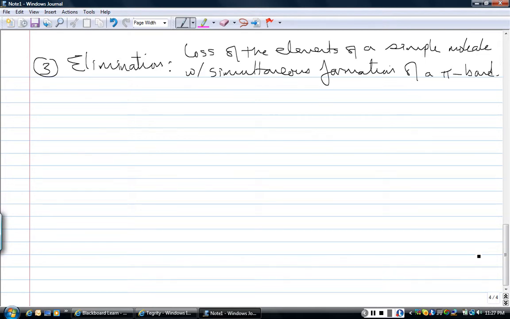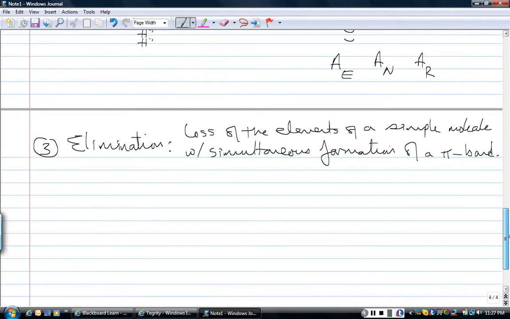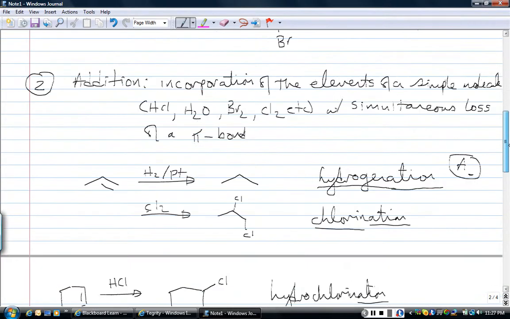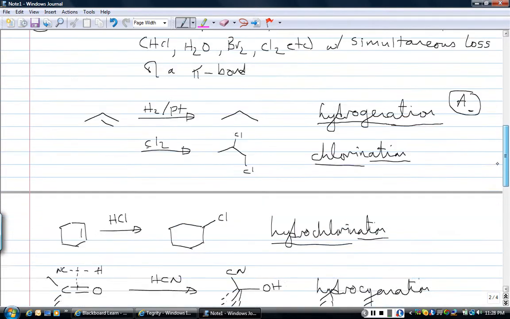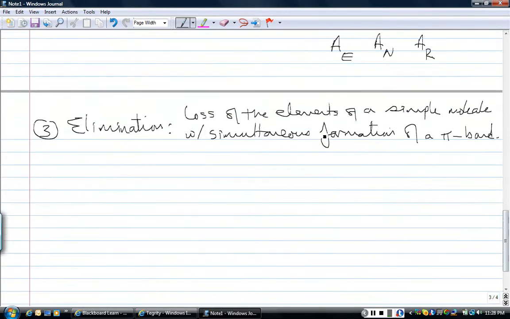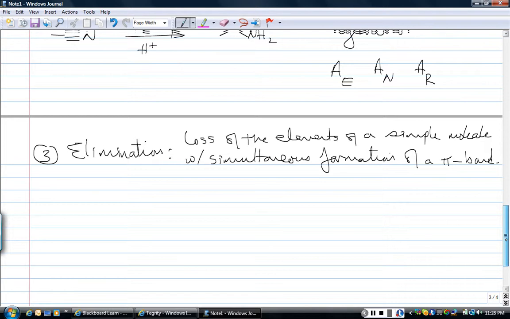So this is really the reverse of our definition for addition. In addition reactions, there's incorporation rather than loss of the elements of a simple molecule with simultaneous loss of a pi bond, whereas here in the case of elimination, we are losing the elements of a simple molecule and we're forming a pi bond.